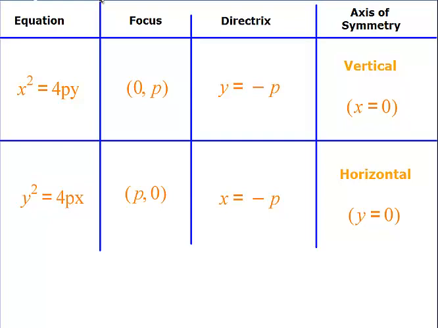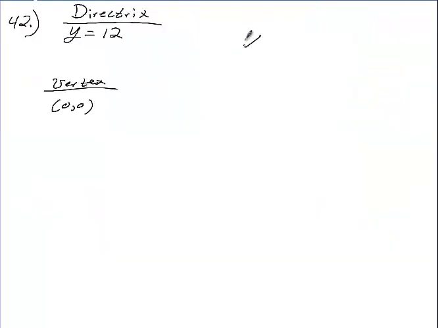Okay, so for us, was the directrix an x equals or a y equals? It was y equals. So which equation am I using, top or bottom? Okay, so I've got x squared equals 4py as my general layout. So I need to find my p and plug it in. So what's my p here? So what's the format for a directrix for when it's x squared equals?